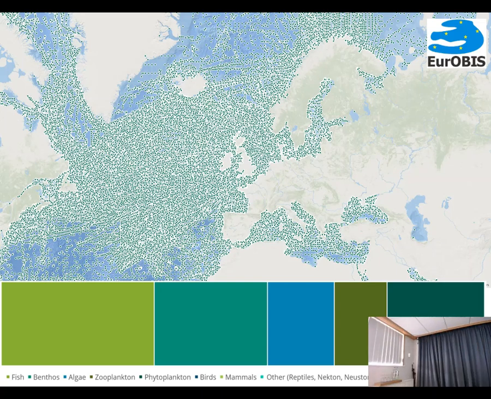This is representing fish, benthos, algae, zooplankton, phytoplankton, birds, mammals and reptiles. And it is basically providing, for the different species that occur in the World Register of Marine Species and in the European Register of Marine Species, information on where they were found at a specific location.